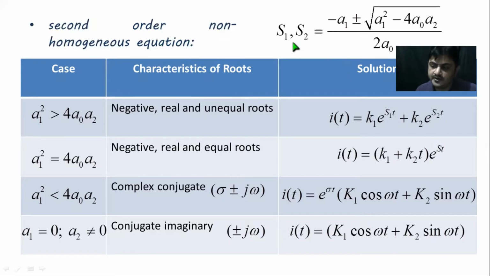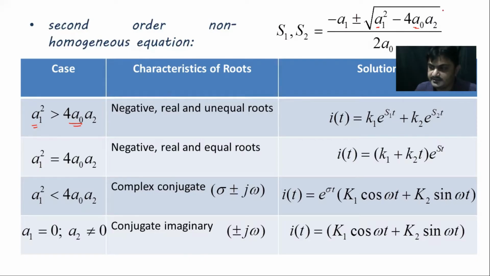So we are finding out the root S1, S2, that is equal to minus a1 plus or minus under root of a1 square minus 4a0 a2, divided by twice of a2. Here the characteristic root is actually having a four possibility. The first possibility is that your a1 square value is greater than 4a0 a2. It means that this quantity is higher than this quantity. If you subtract this, you will get a positive number, right?